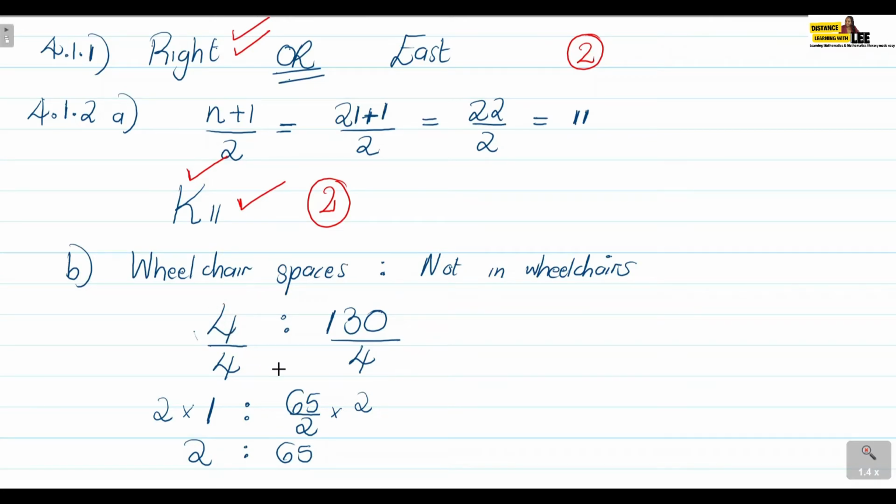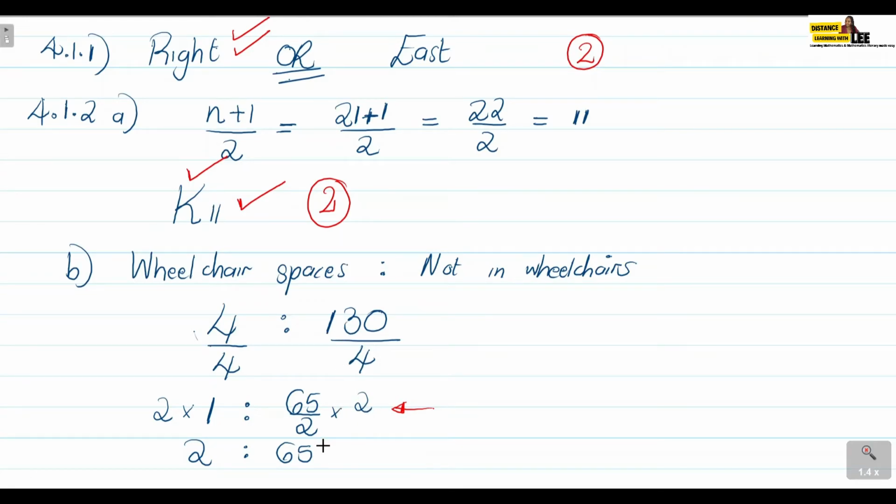Therefore, you need to divide by 4. And what you do on the left-hand side, you need to do on the right-hand side. And we found that we had 1:65/2. Then we had a problem here. We cannot leave our answer as 65/2. Cannot leave a ratio answer in fraction form, right?